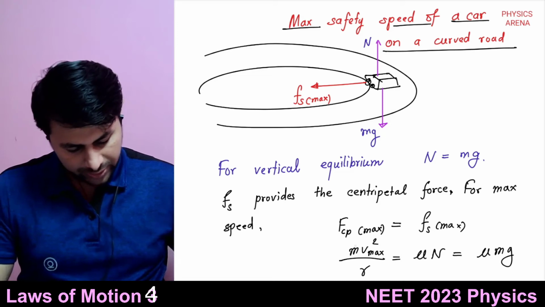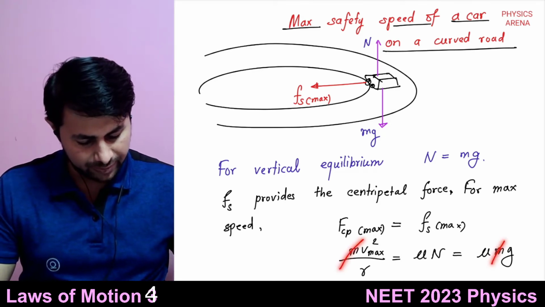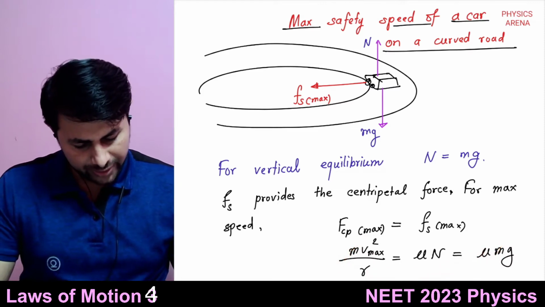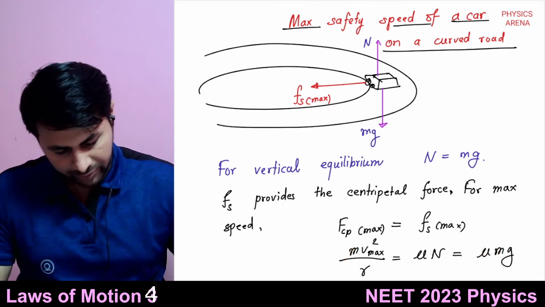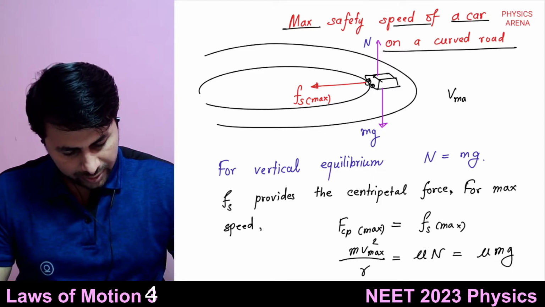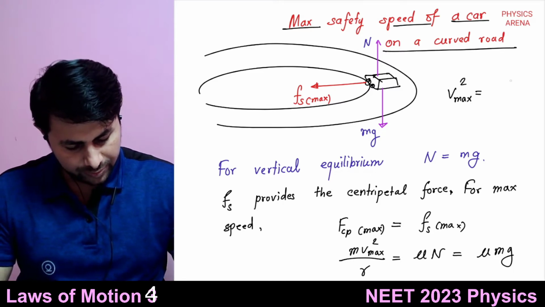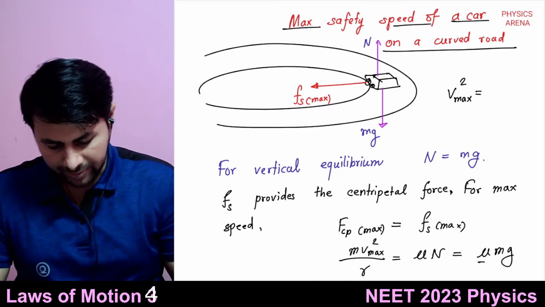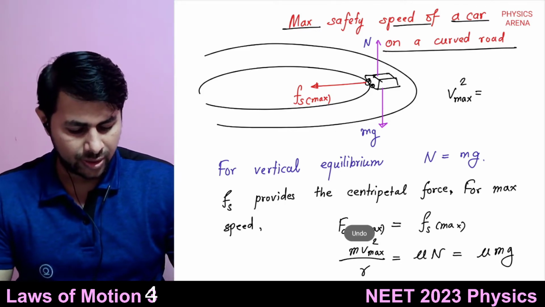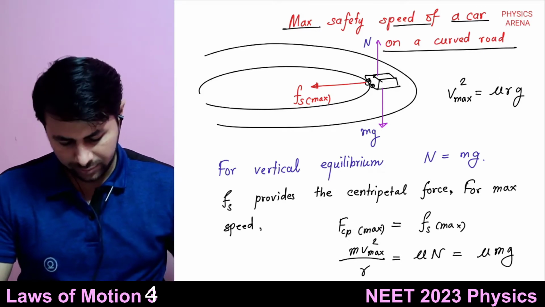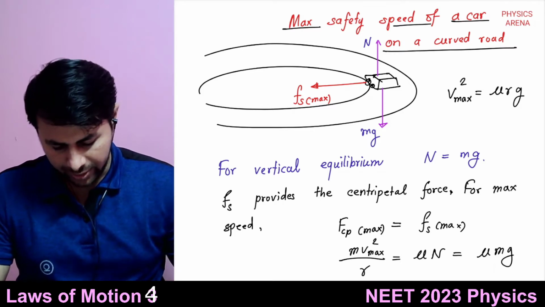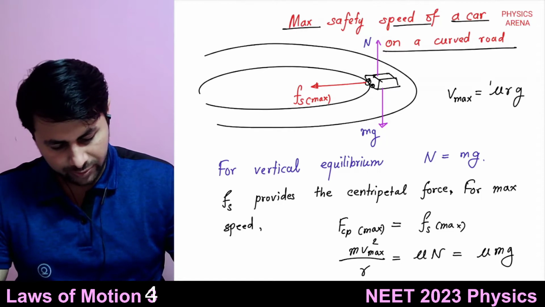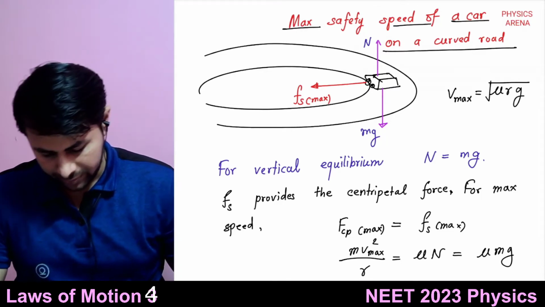Now you can cancel out this m and take the r on the other side. So what do you get? Vmax square is equal to mu times g multiplied by r, or mu rg, or you can take the square root and write that Vmax is equal to square root of mu rg.